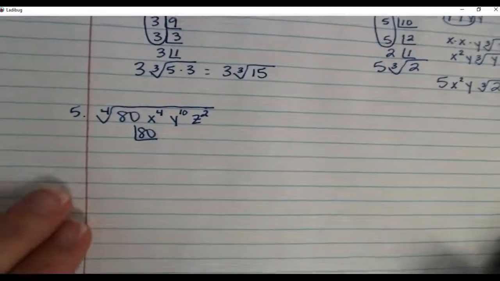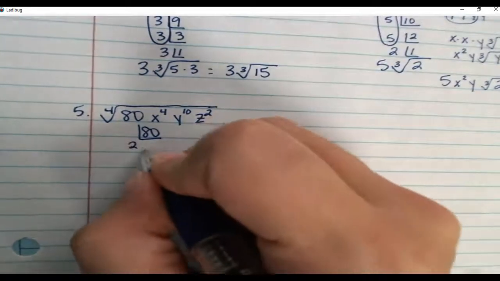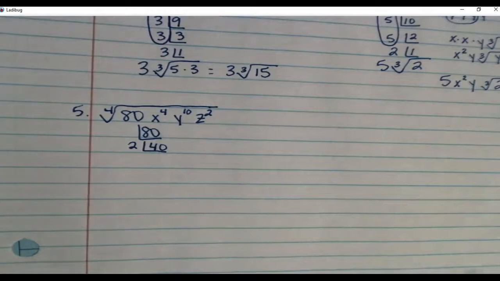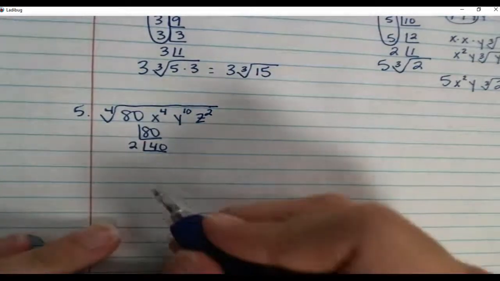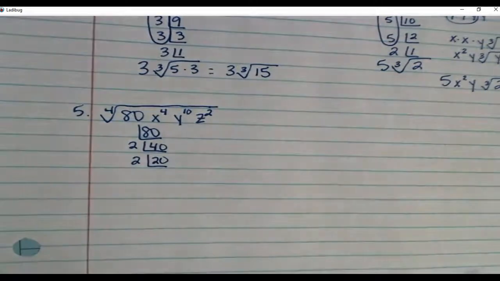So what prime number goes into 80? 2. And 2 goes in there 40 times. Good. And what prime number goes into 40? 2 as well. Good. 20 times.